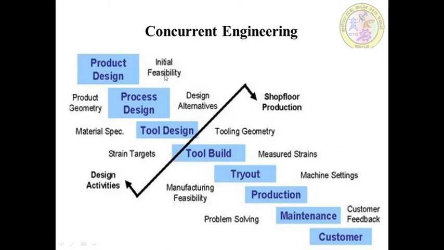Initial feasibility, design activity, tooling geometry, measured strain and machine setting, and feedback from customers are also very important in concurrent engineering. The overall process can be divided into design and production activity, which is a significant way to achieve the product design, process and tool design. Everything is important in concurrent engineering.